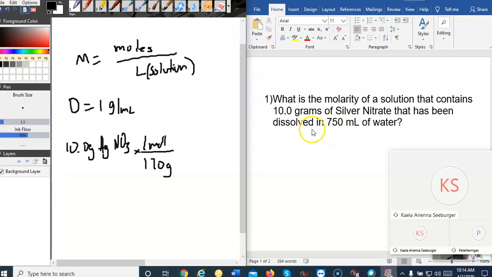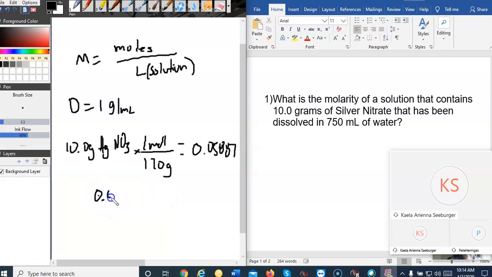This is actually worded weird. It usually says that it has been dissolved in a total solution of 750 mL of water. So I know I just told you the other way, but in reality, for molarity problems, you should use just however much water there is.